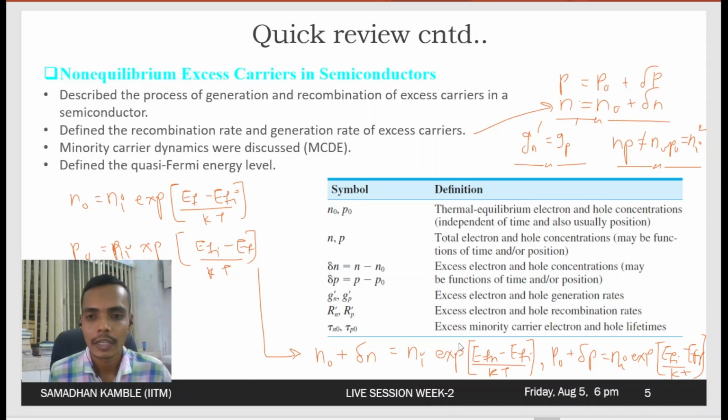So EFn and EFp are actually the quasi-Fermi levels.